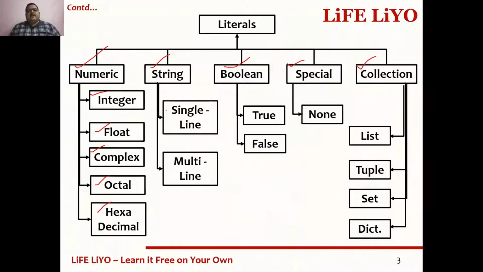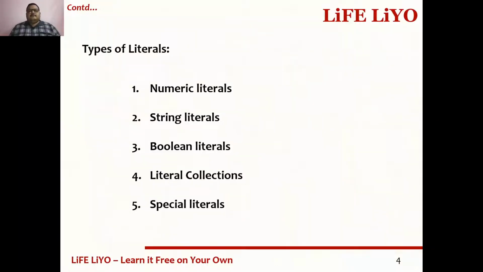In string we have single line and multi-line. In Boolean we have true and false. In special we have None. In collection we have list, tuple, set and lastly dictionary. So these are the 5 types of literals in Python.